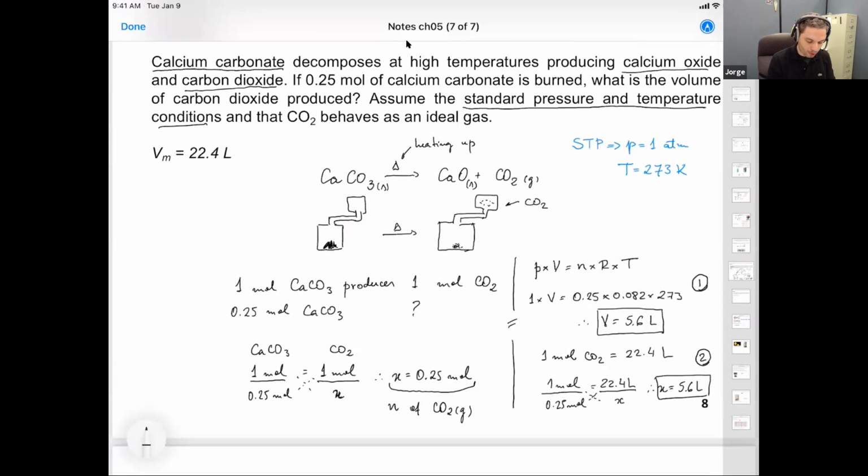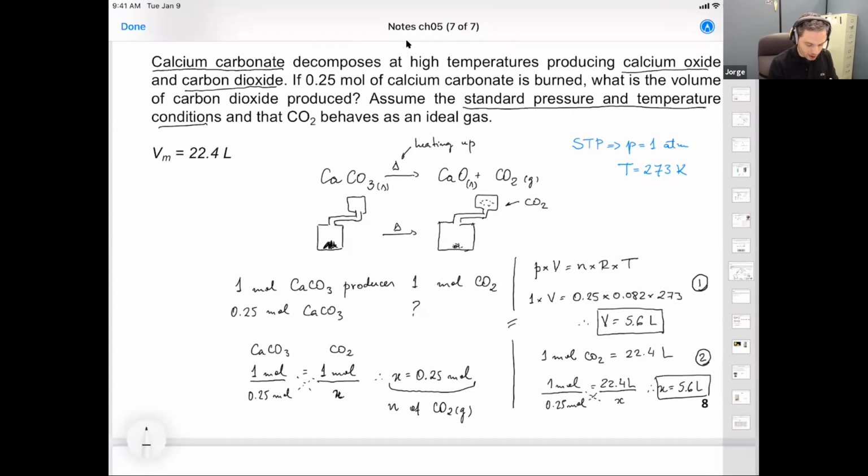Okay, so both options require you first to determine the number of moles of gas being produced, and then from there you can either use the ideal gas equation or Avogadro's principle, which states that 1 mole of any gas under the standard pressure and temperature conditions occupies a volume of 22.4 liters.